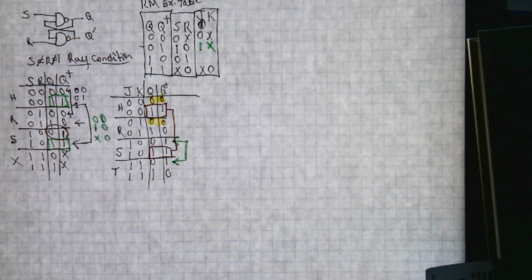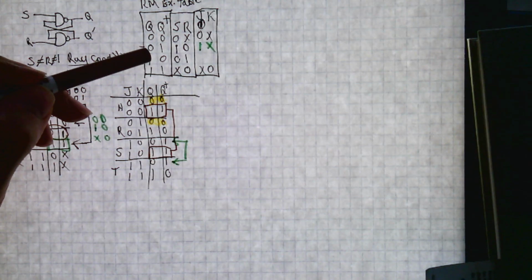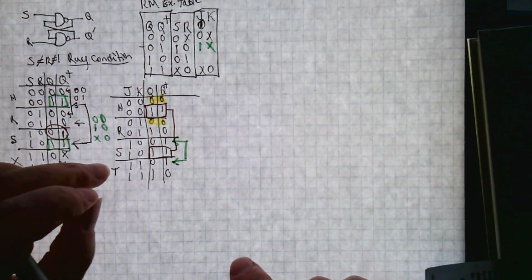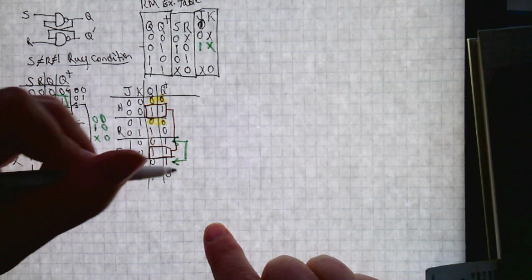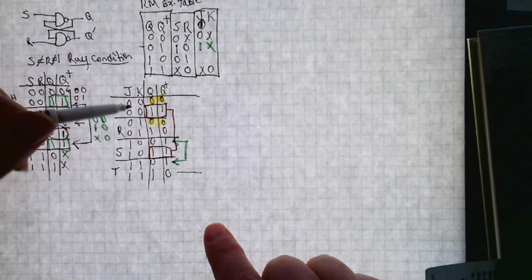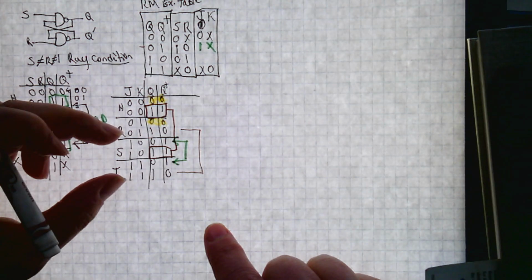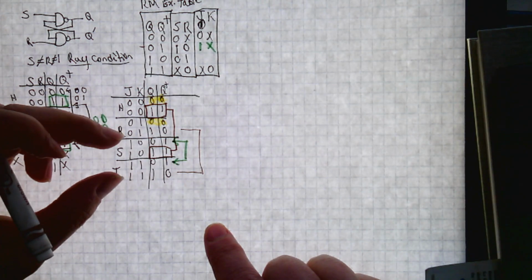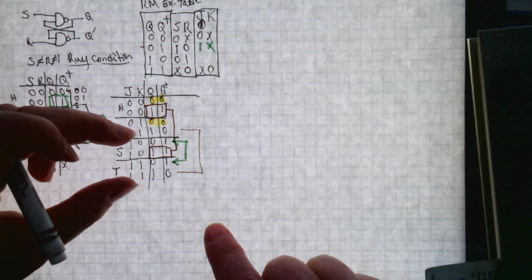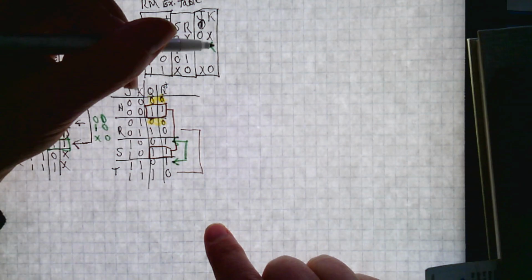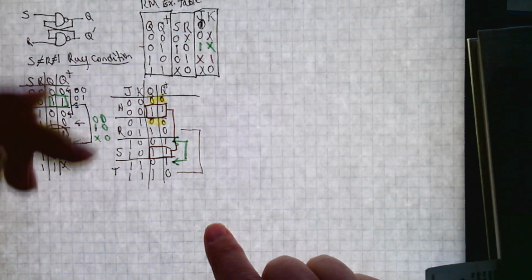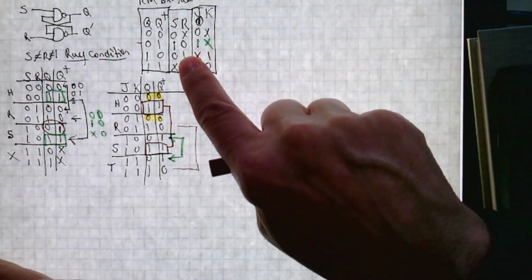Now let's see what it takes to go from 1 to 0. Before we had 0 to 1. Now we're going to go from 1 to 0. Here's 1 to 0. Here's 1 to 0. And now we can see that J becomes the don't care and K becomes a 1. And again, you can see how that's different from SR.